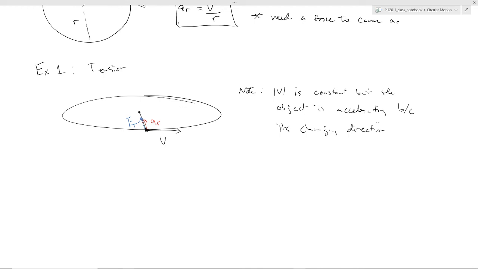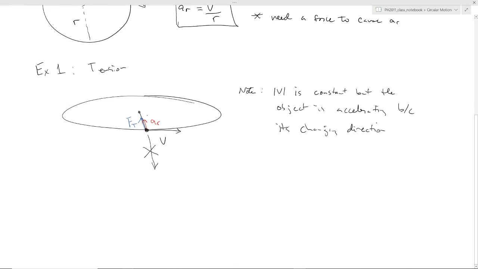The other thing that's kind of interesting about this is to think about, well, if this object is spinning around, what happens if your string snaps? So our intuition might tell us like, oh, it flies away from the circle. So you might think like, oh, does it fly this way? No, it does not.